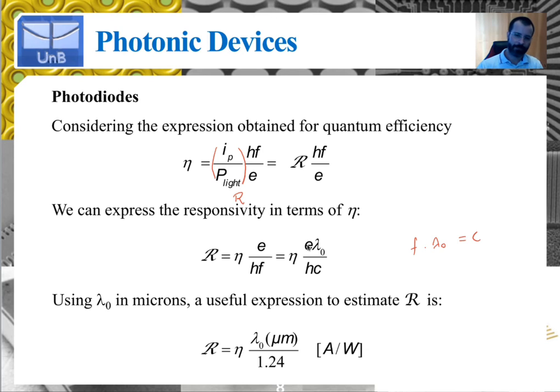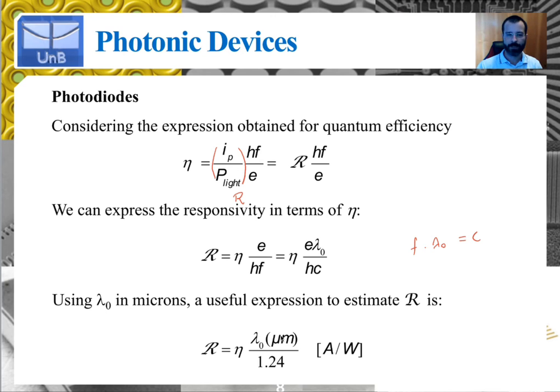Okay, and if we substitute all of the constants here, we can find this useful expression which gives us the responsivity in terms of the wavelength and the quantum efficiency only. So the responsivity is equal to eta multiplied by lambda naught in micrometers.